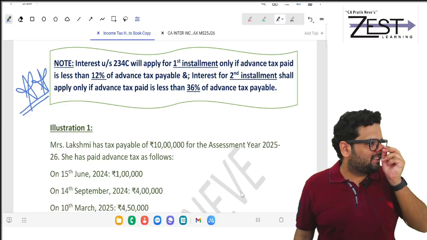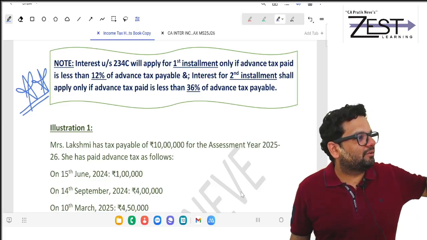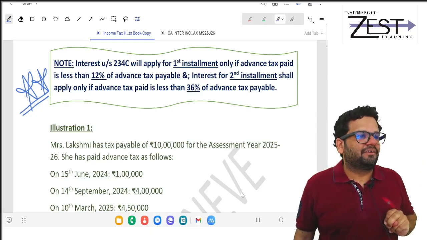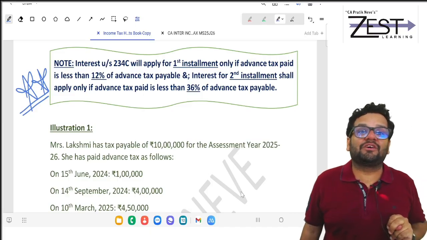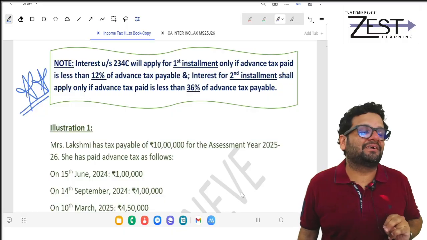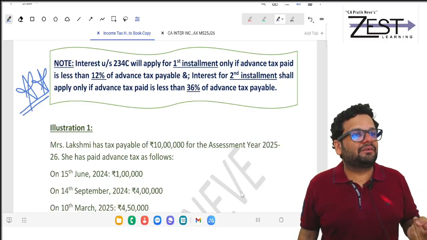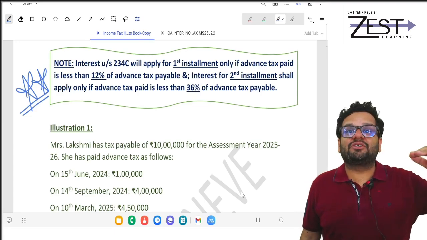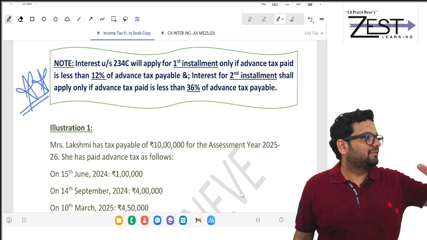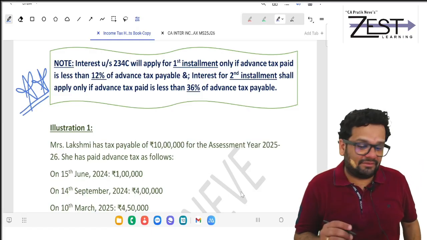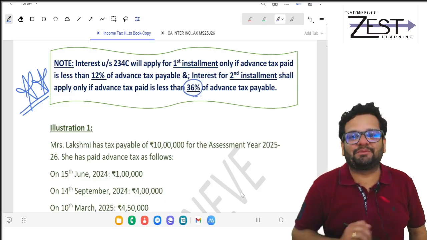So you should understand the play between 15 and 12. To escape interest, you should have paid at least 12%. Got it? The second installment is 45%, but to escape interest, you may have paid just 36%.